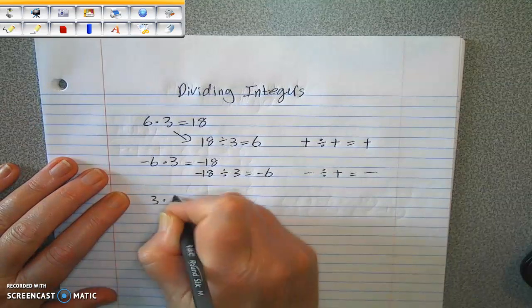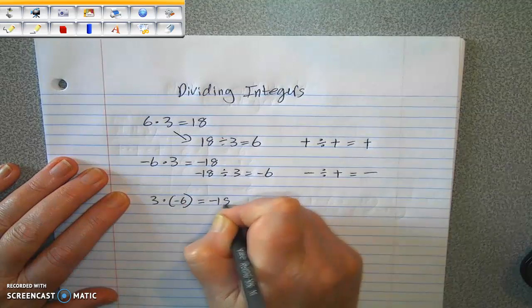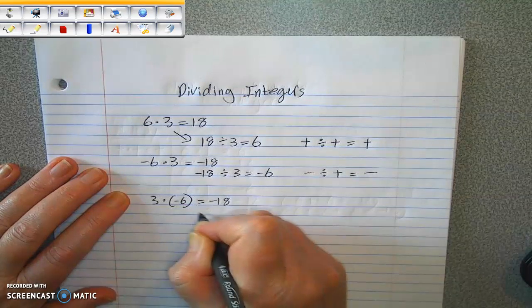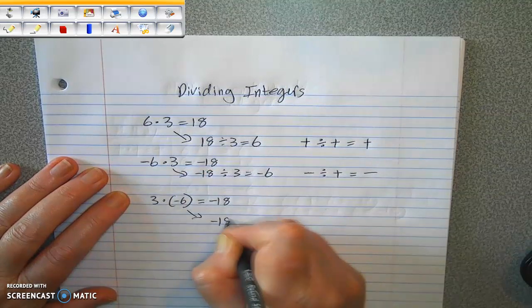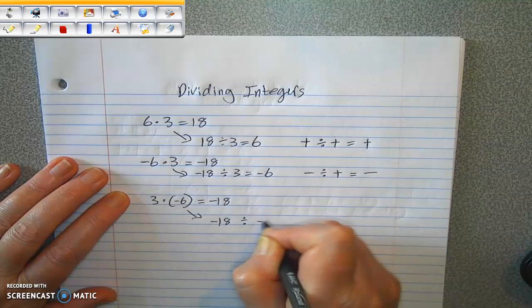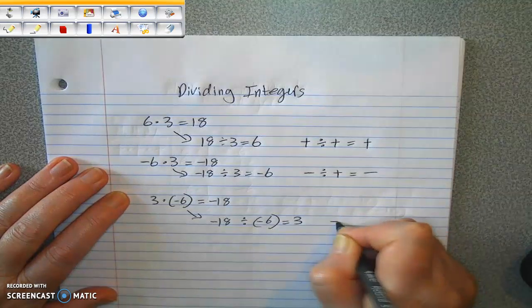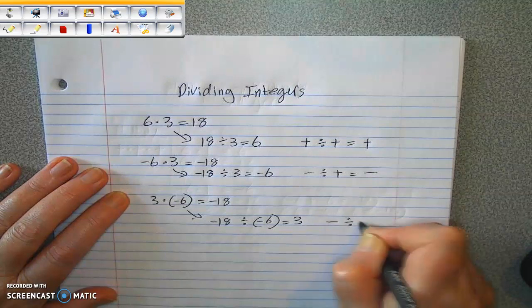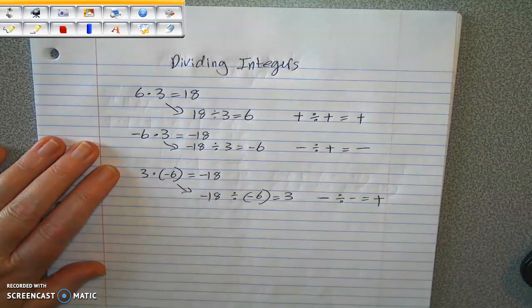3 times negative 6 is negative 18. So from that, we could write negative 18 divided by negative 6 is equal to 3. And that's a negative divided by a negative equals a positive. And then the last one.